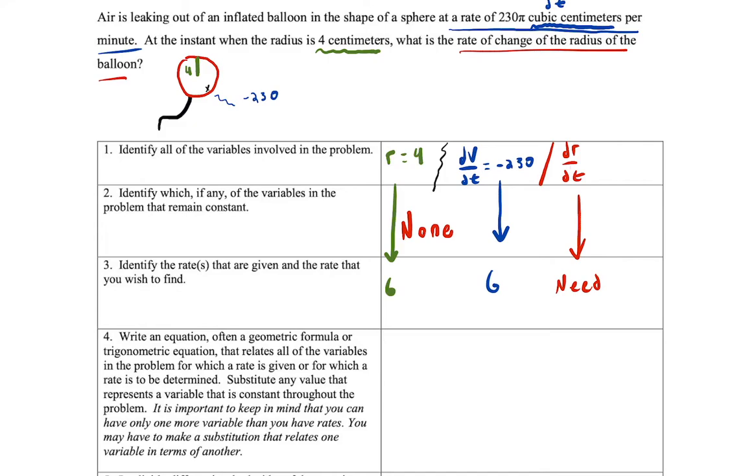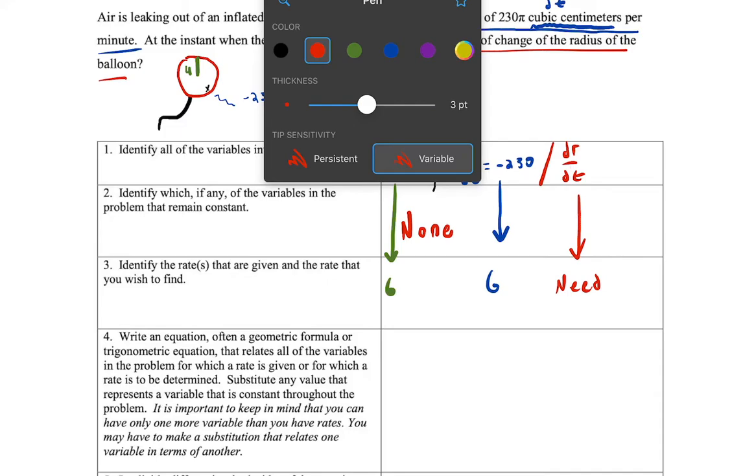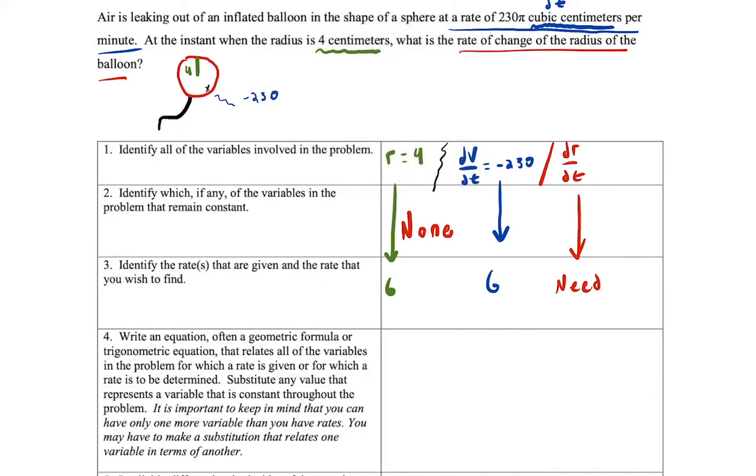And so you can look these things up, but one thing you want to remember here is that the volume of a sphere is equal to 4/3 times pi times the radius cubed. This is just the formula for the volume of a sphere.